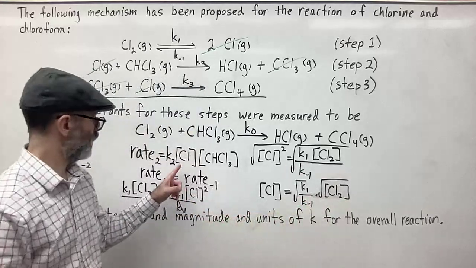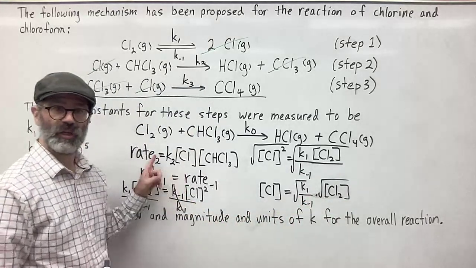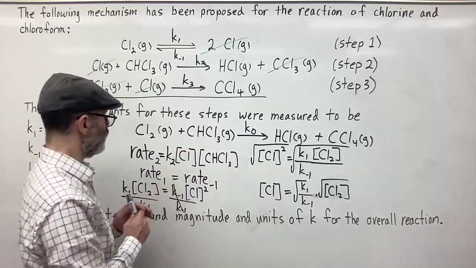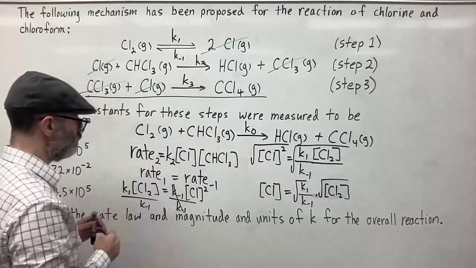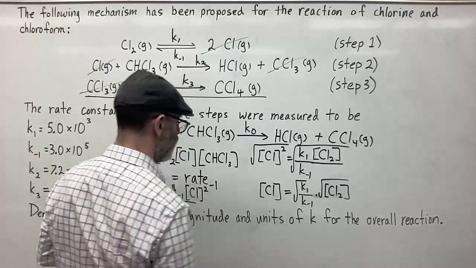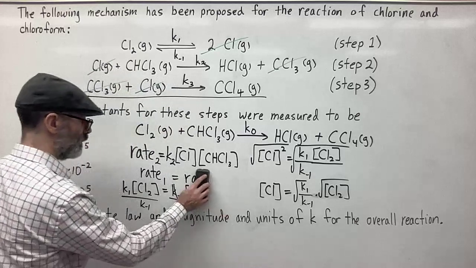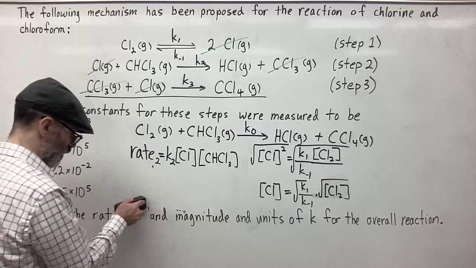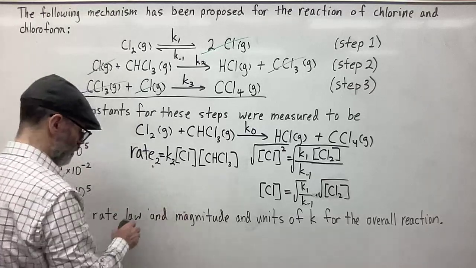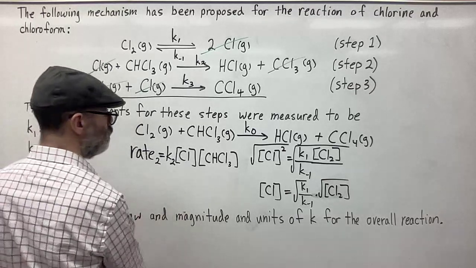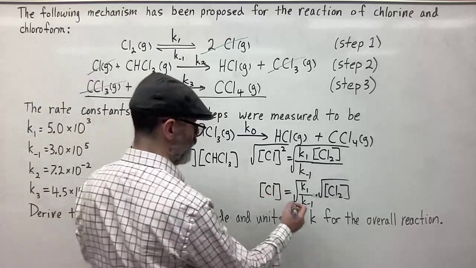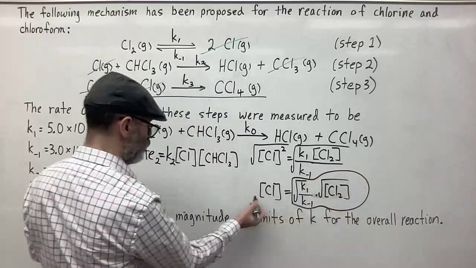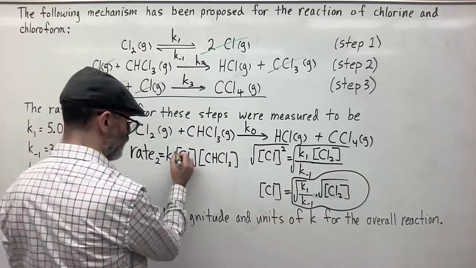Okay, so now I have this is equal to this, so now I can take this and substitute it in for Cl for my rate law here, my overall rate law. So hopefully you have that down. Now I can substitute in for the concentration of Cl.